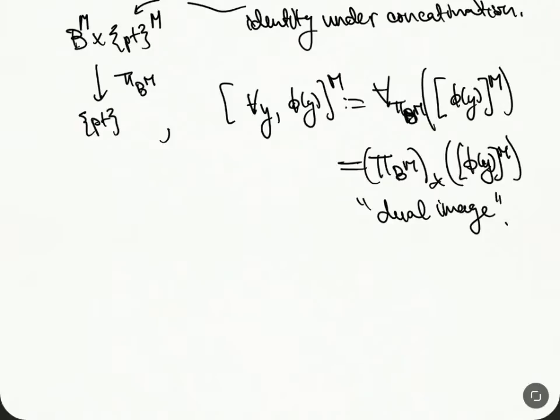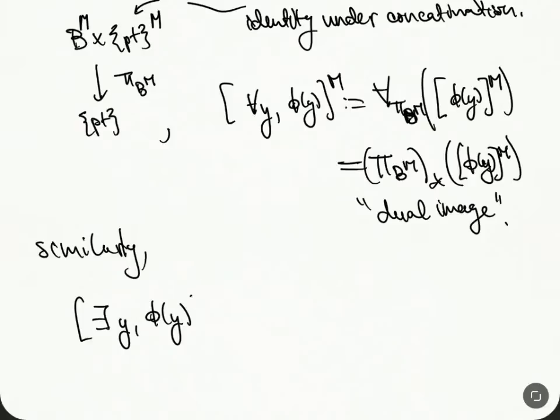Similarly here, if we were going to do this formula here, this bounded formula, this guy says that there exists some pi of bm here.